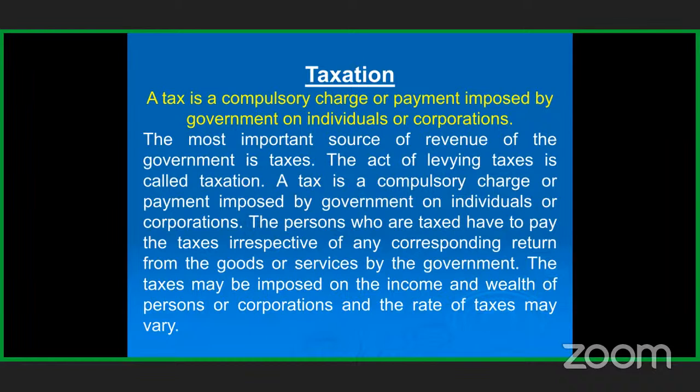The taxes may be imposed on the income and wealth of persons or corporations, and the rate of taxes or the slabs of taxes may vary from person to person or corporation to corporation. But it is a compulsory charge. It is a compulsory payment.